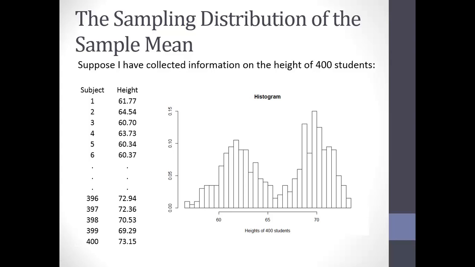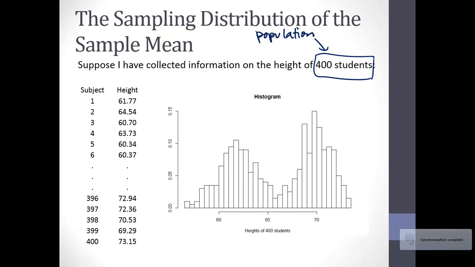Okay, so suppose these 400 students are my population. This is not in your notes. This is one of those cases where the population is not that big, and in a theoretical case, I have collected information on everybody.